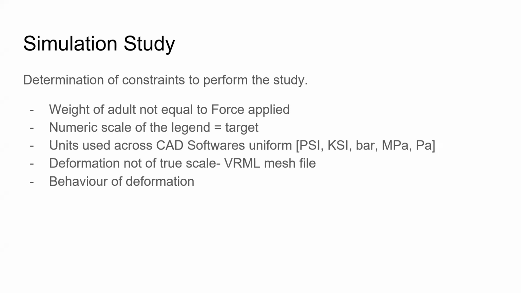Basically, it suggested that the instantaneous force applied by an adult onto the ground is about 1.25 times the weight of the adult. So this study helped us to identify a range of the input forces to apply. We took the average weight as about 190 pounds, and taking the study into consideration, we had an input force of about 230 pounds. So this was one of our constraints.